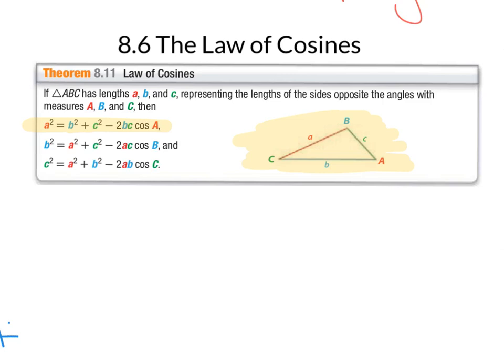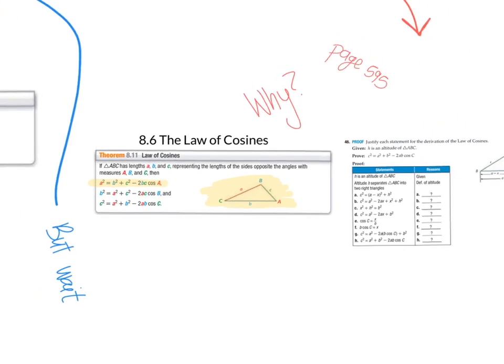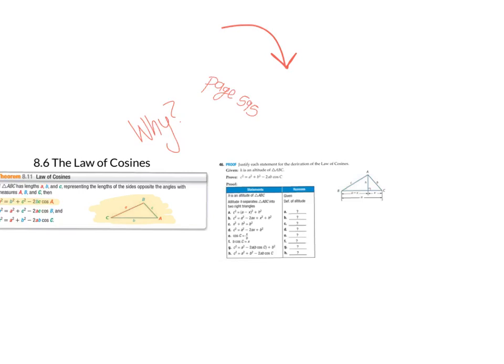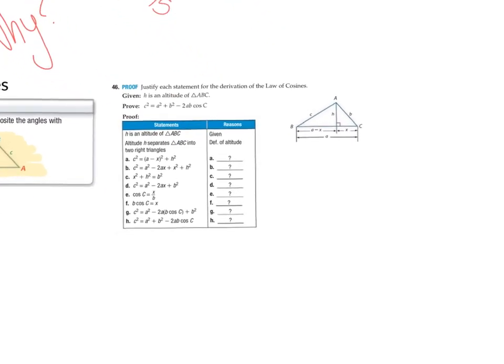Now, some of you are thinking, where in the world did this formula come from? It's big, it's complicated, how do we even get the formula? Well, if you are curious about that, there's actually a very exciting proof that you can do on page 595 in your textbook, number 46, and this proof will actually prove the law of cosines for you.